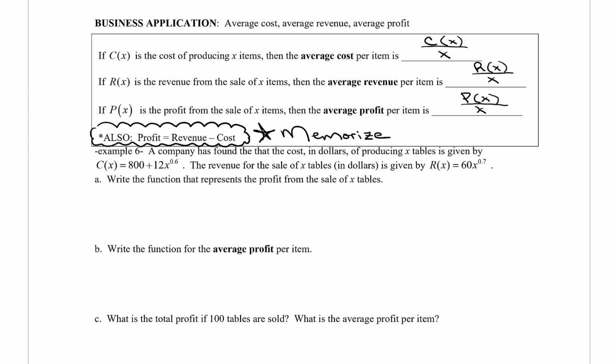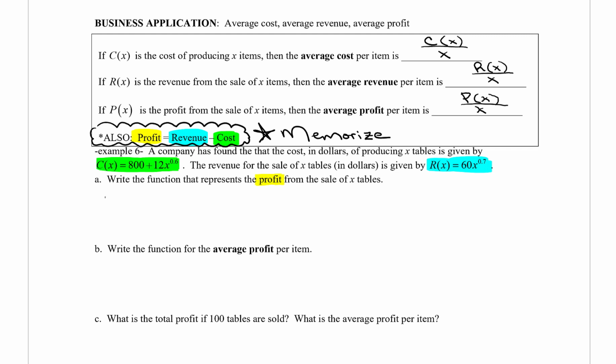I'm going to highlight the word cost in green, and then I'm going to highlight in the problem C of x equals 800 plus 12x raised to the 6/10 power in green because that represents our cost. And I'm going to highlight R of x equals 60x raised to the 0.7 power in blue because that represents our revenue. I'm going to highlight the word profit in yellow from the formula and in the problem where they're asking us to find profit.